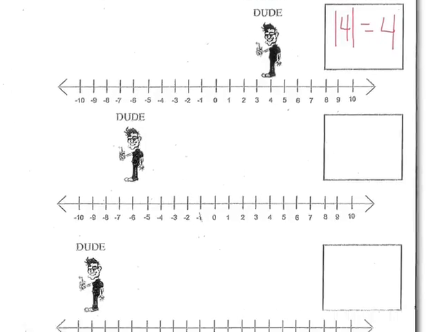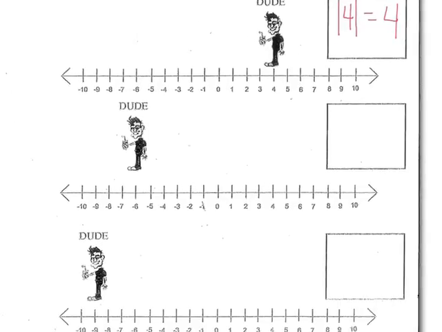Let's look at the second dude. He started at 0. He's 1, 2, 3, 4, 5, 6 units from 0. Yes, he is negative, definitely negative, but he is still only 6 units from 0.